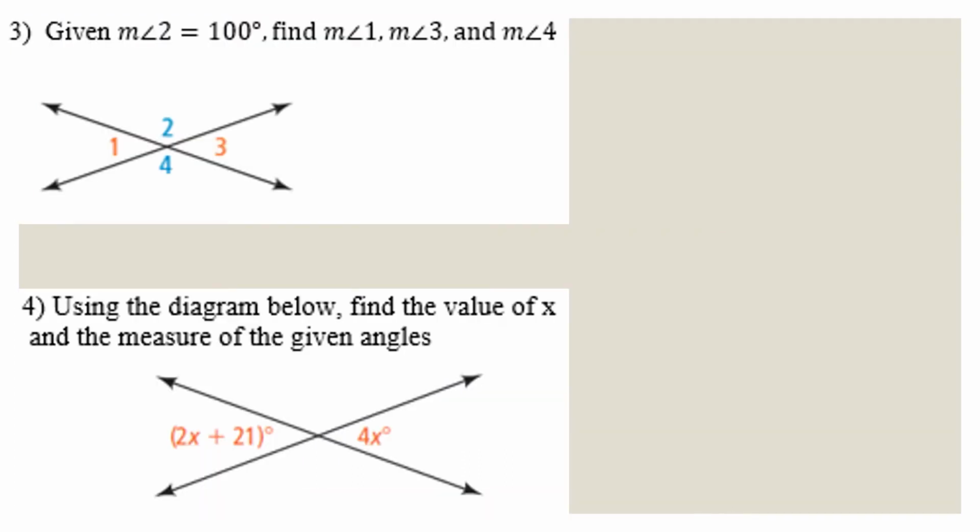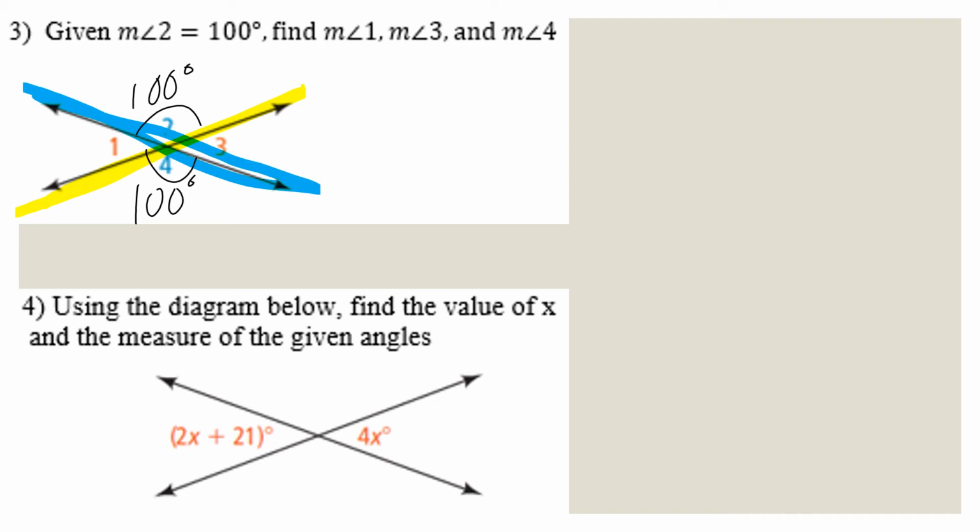So that being said, we can go ahead and do some examples here. If the measure of angle 2 is 100 degrees, 2 and 4 are vertical angles, so they're congruent. That means that would also be 100. Now, think about linear pairs. This is one linear pair, and this is another.